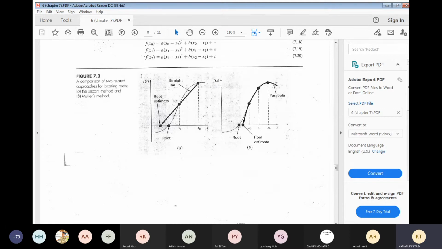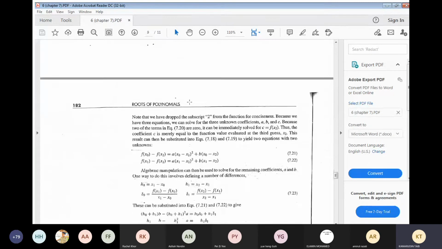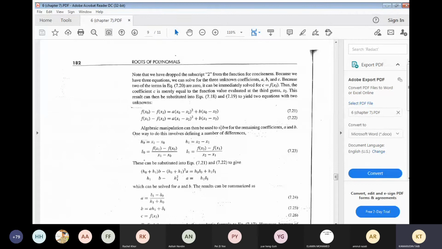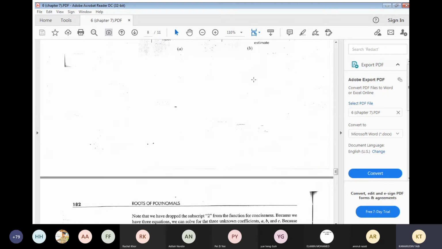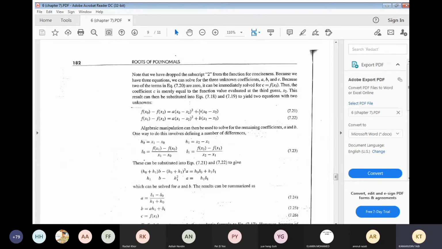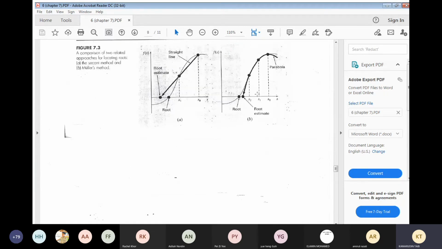Whereas in secant method, we only need 2 points initially to represent the straight line. So after getting the 3 points as initial values, we calculate h0, the difference x1 minus x0, and h1, the difference x2 minus x1.